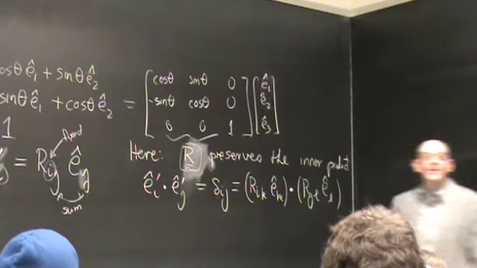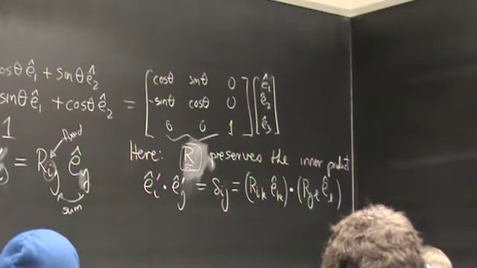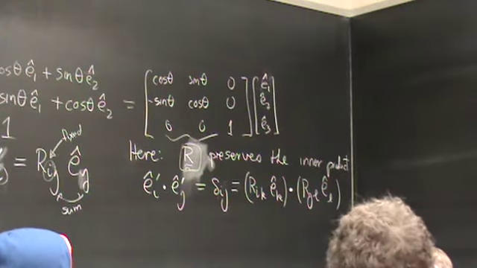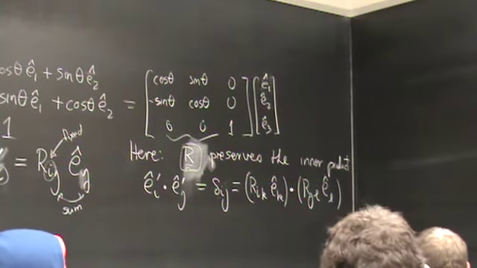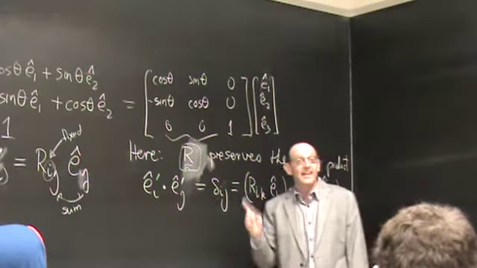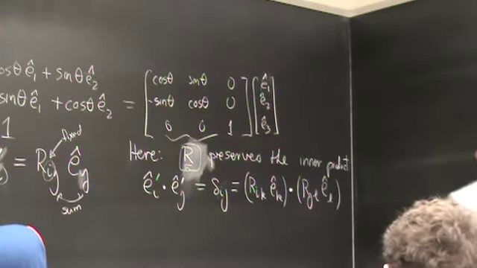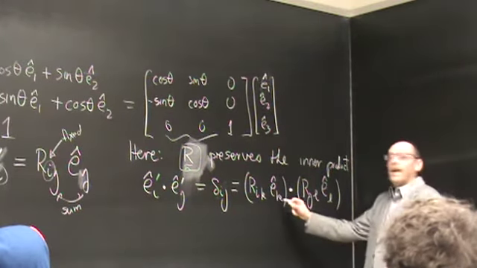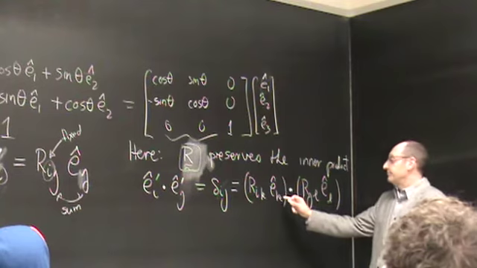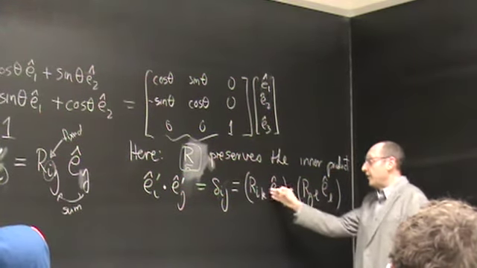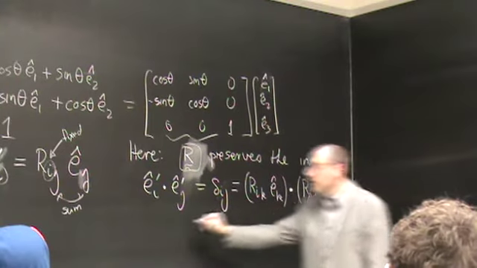Is that clear how I dealt with dummy indices versus fixed indices? It's really important. You're going to get lost. Your equations are going to be messed up if you don't pay attention to what's a dummy index and what's a fixed index. Once again, this is a linear operation, so the dot product comes through.